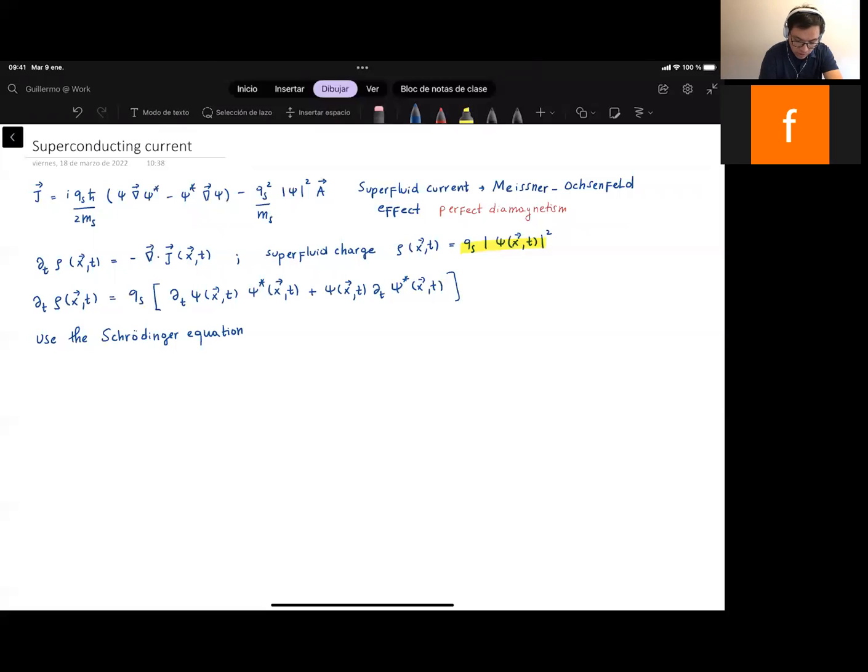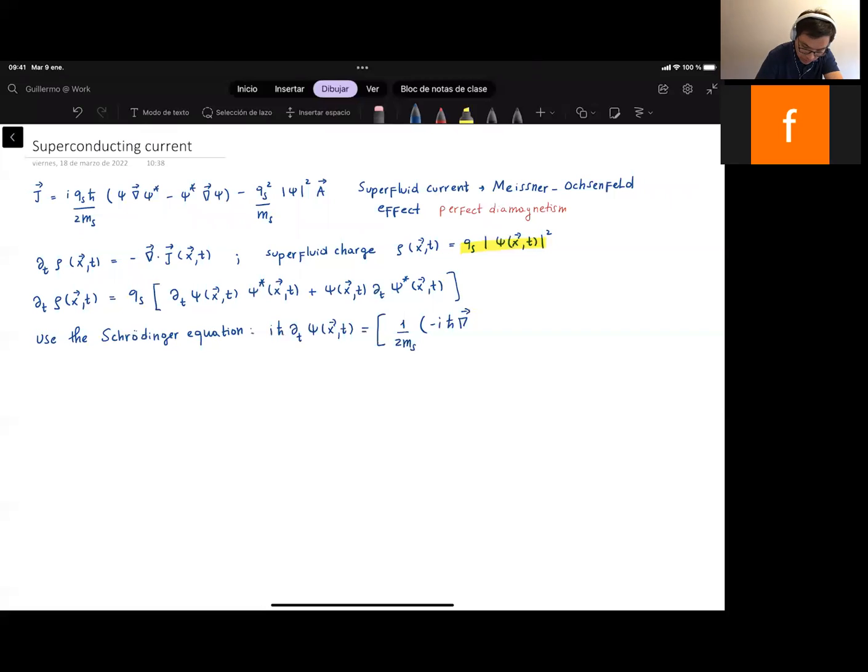And the Schrödinger equation tells us that i ħ, so here we have an expression for the partial derivative of the wave function, which is essentially 1 over 2 MS. Here, remember, we have the minimal coupling because we have a charged superfluid essentially.